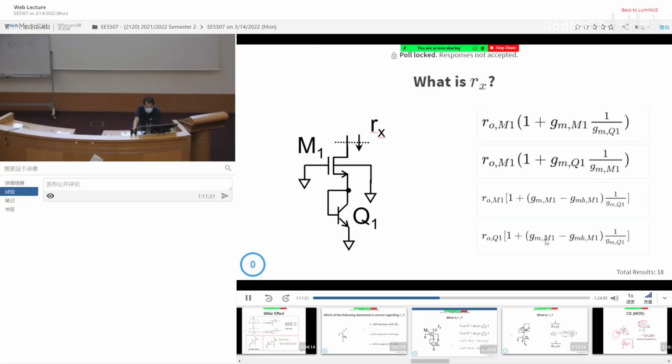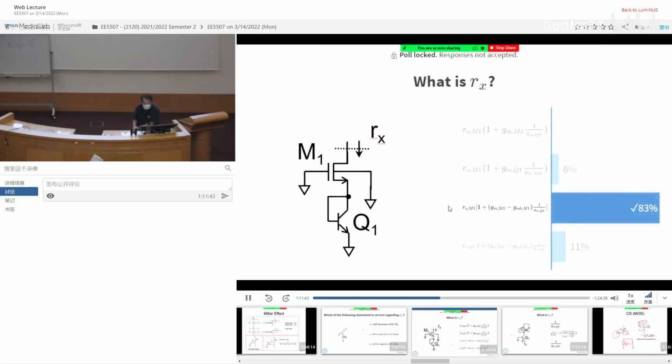But for this one, we have to look at M1 r0. So it has to be this one. So the third one should be the correct one. It doesn't take you too long. For multiple choice, it usually doesn't need to take you so long because you can reject them one by one. So eventually it will lead you to the correct answer in a very fast manner.